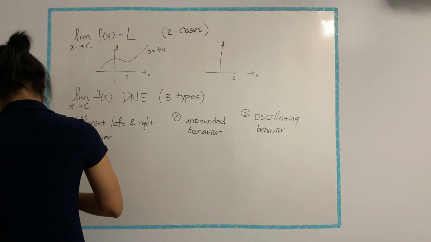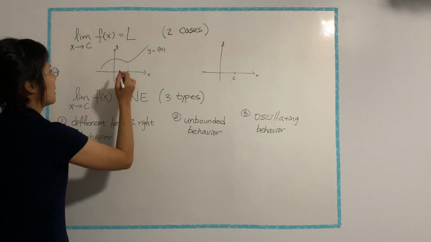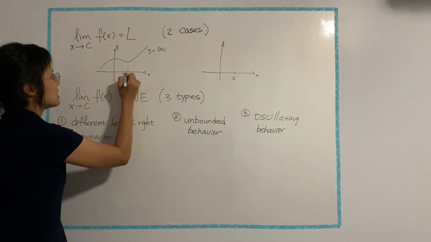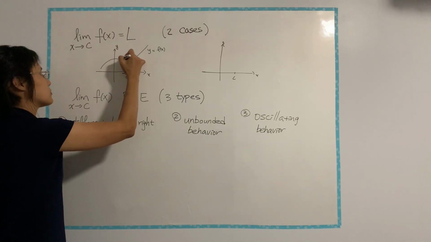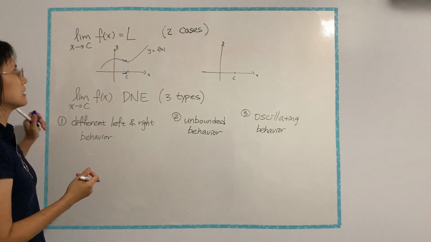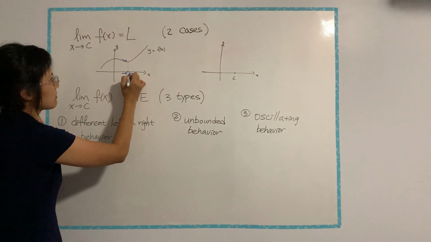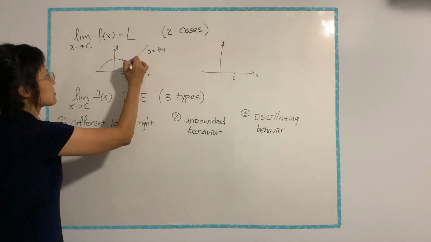In this case, I can see that when x approaches c from the left, the function value goes like this. It's like traveling along a roller coaster. And when x approaches c from the right, it goes like here.